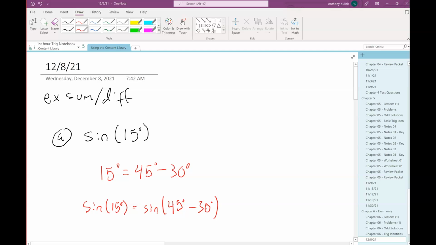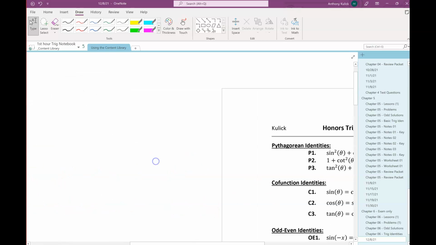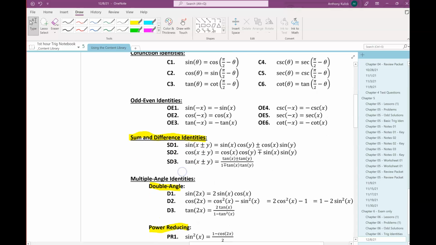Cool so far? And now I'm going to go to my identity list and find the angle difference formula for sine. So I'll scroll over here. Sum and difference identity. So the one that I want is sine.